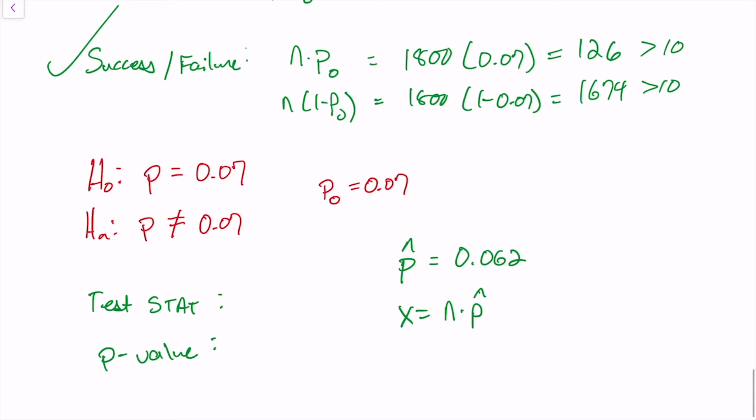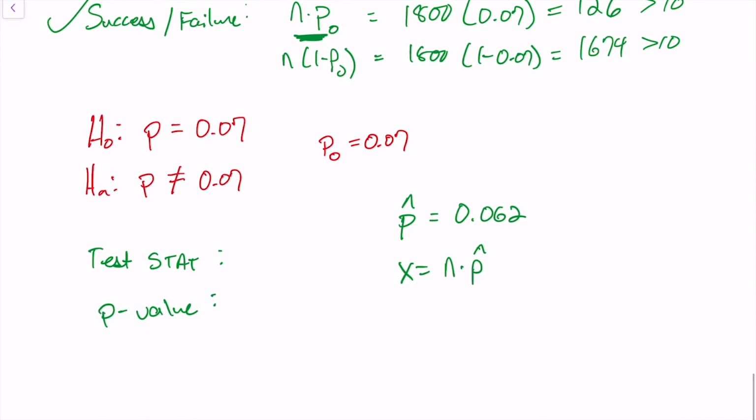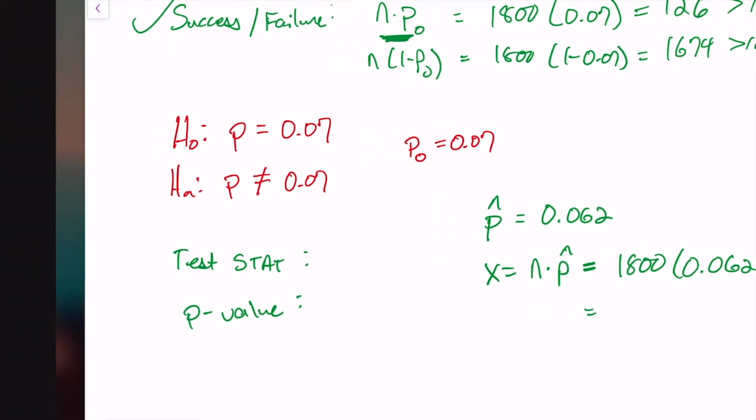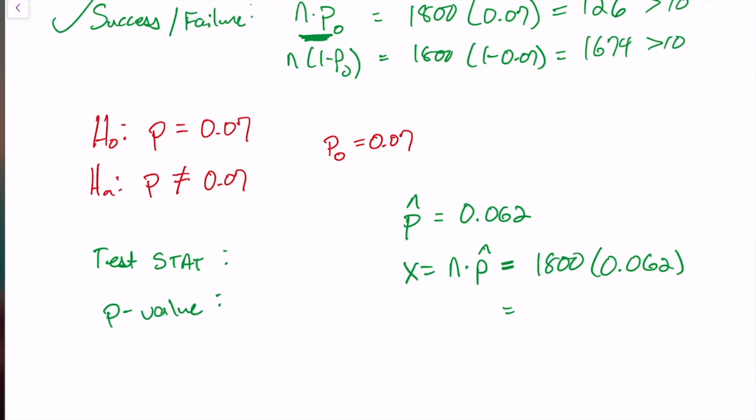Just like what we did before with the success and failure condition, except we used the hypothesized proportion. This time we're just going to use the sample proportion. So that will be n, 1,800, times 0.062. That gives us 111.6.